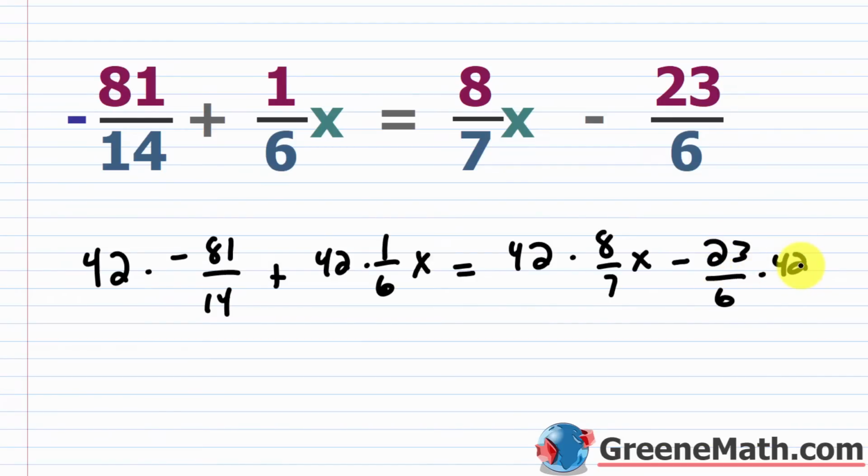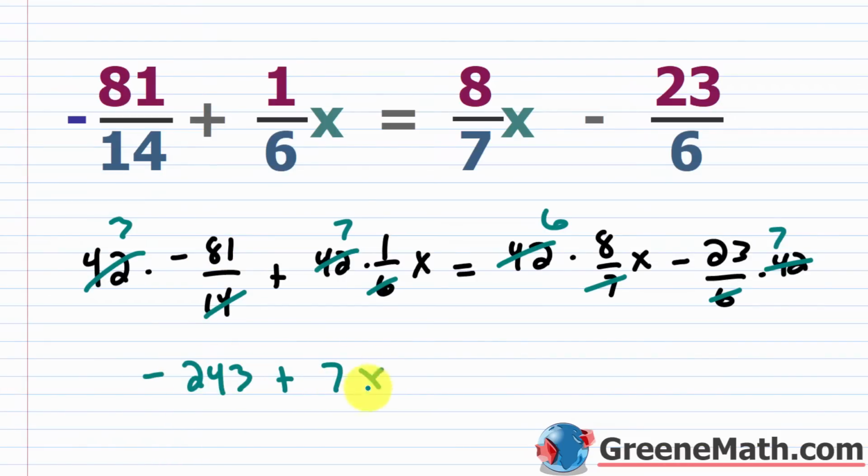Okay, let's just go through and do some canceling real quick. 42 divided by 14 is 3. 42 divided by 6 is 7. 42 divided by 7 is 6. And then 42 divided by 6 is 7. Okay, so 3 times negative 81 is negative 243. And then plus 7x, and this equals 6 times 8 is 48, so 48x. And then minus, what is 7 times 23? Punch that into your calculator, you get 161.